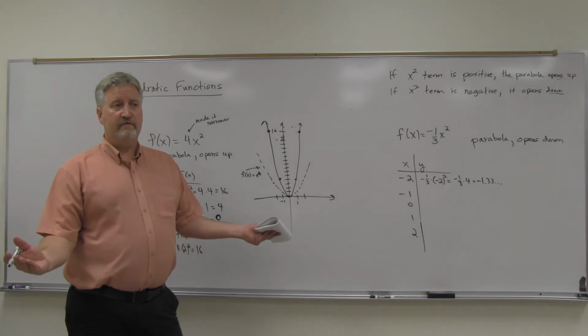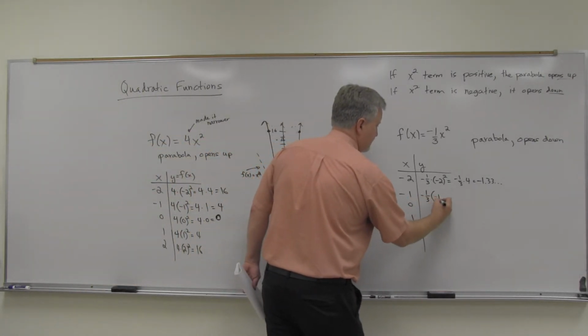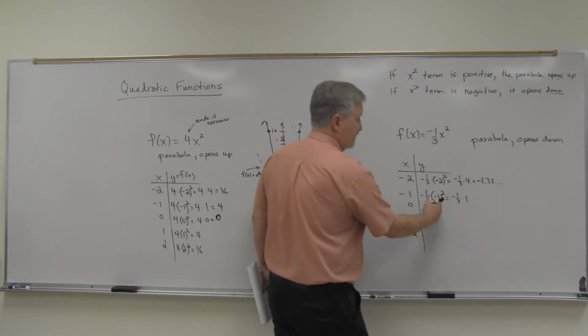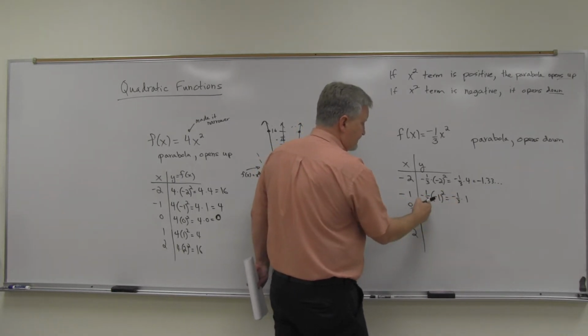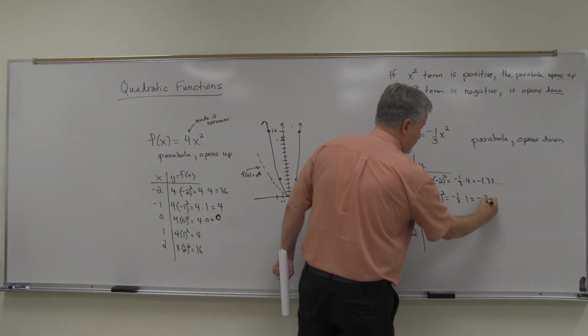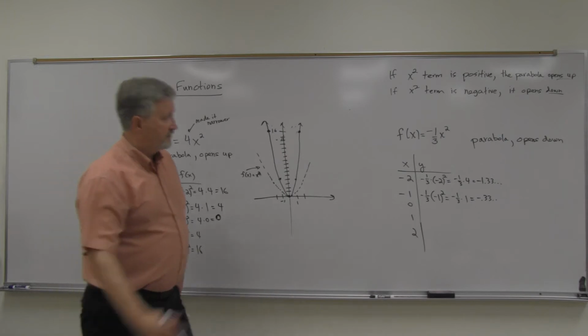This one, x is -1, you have -1/3 times -1 squared. So that's -1/3 times +1. You're squaring -1. You get a +1, but it's -1/3 times that. So you get -0.33 repeating. 0 still gives you 0.